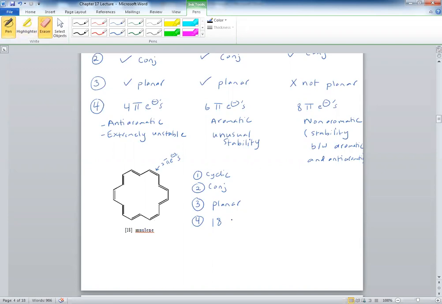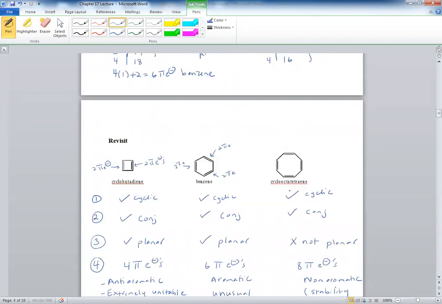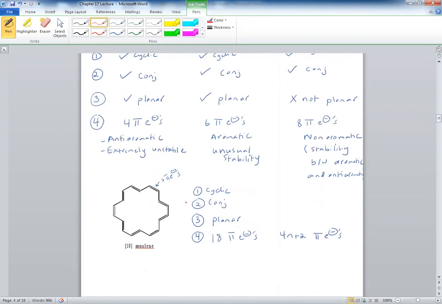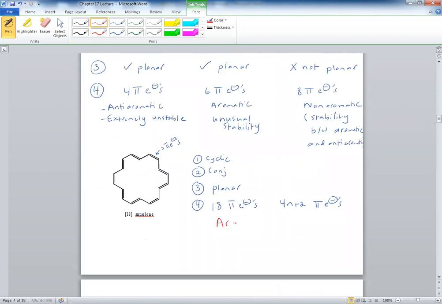So the question is, does that follow the 4n plus 2 pi electrons? Let's go back up. We did the math already. Yes, it does. So that makes it aromatic. And that's why it's unusually stable despite the huge structure that it possesses.